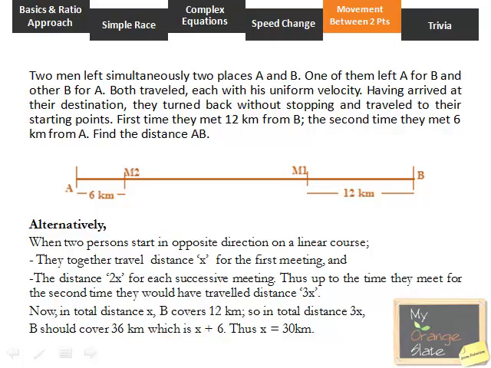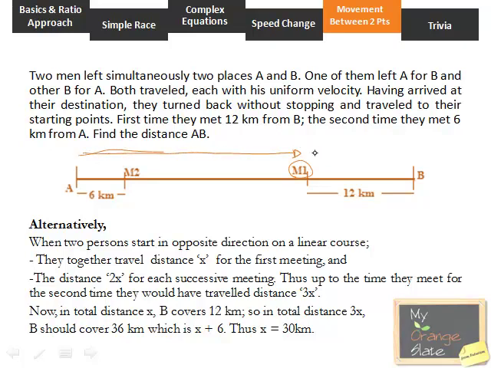Alternatively, a little complex but quicker solution, the understanding that can help us solve different questions on similar lines too. When two persons start from two different points and move towards each other, for the first meeting, that is for M1, they together cover total distance x meters or x kilometers.